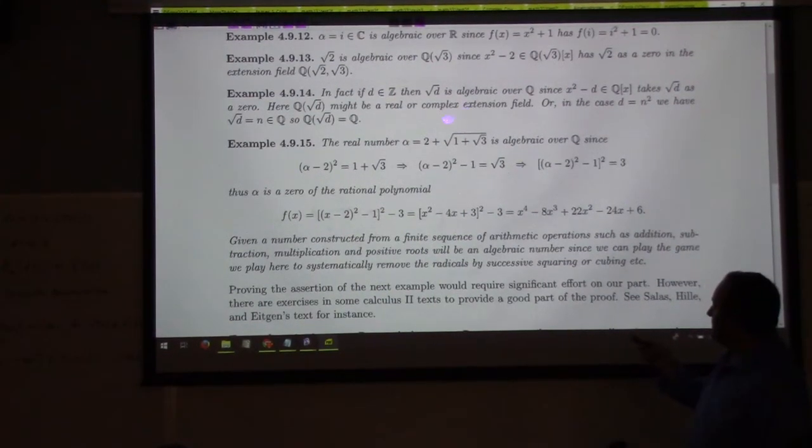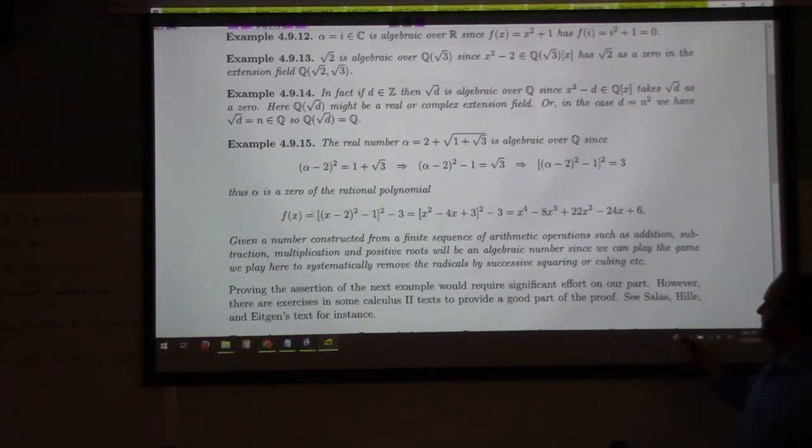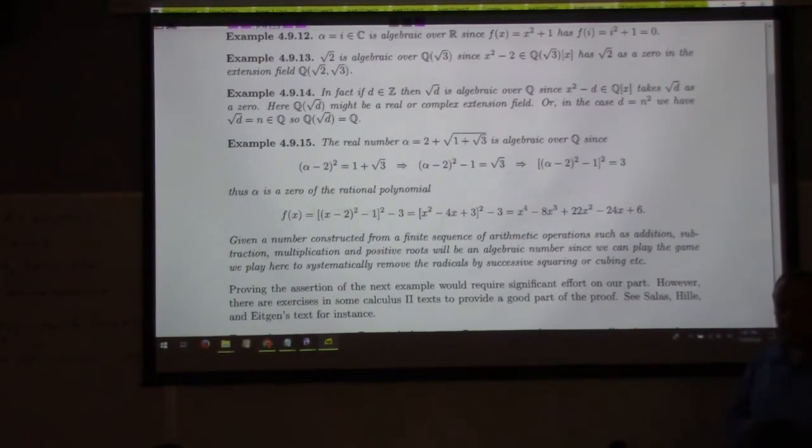So if I want to show that this number is algebraic, what you want to do is isolate the radical, and then square it to get rid of it, and then isolate the radical again, square it again, and then when you multiply this out, basically replace alpha with x, and then just work it out. This polynomial has alpha as a 0. So this is a simple procedure to produce a polynomial which takes a given number as a 0.